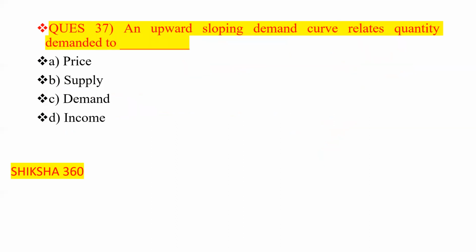An upward sloping demand curve relates quantity demanded to. I think there is some issue in the question.